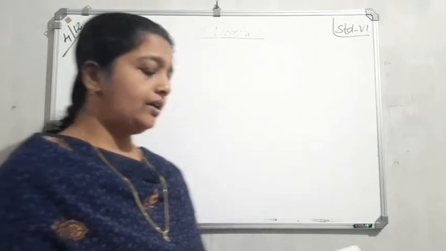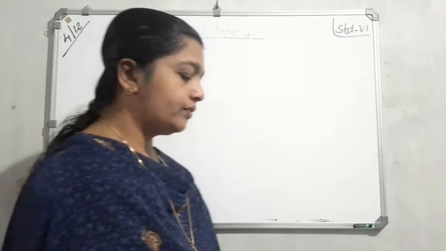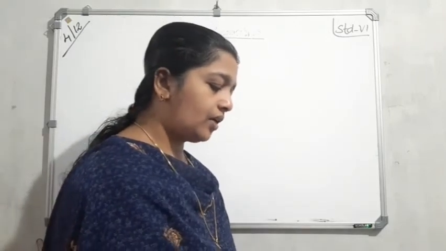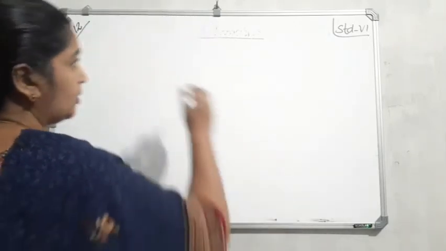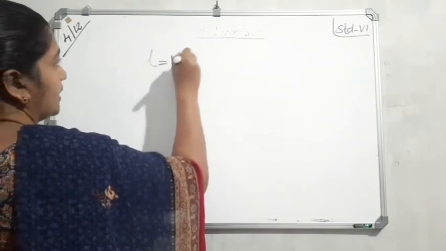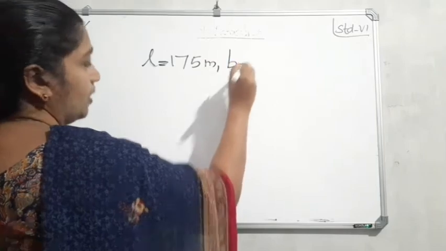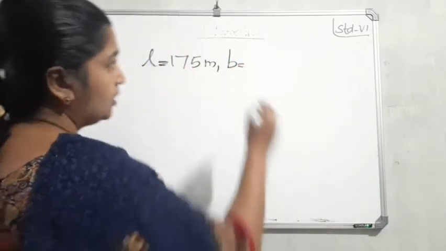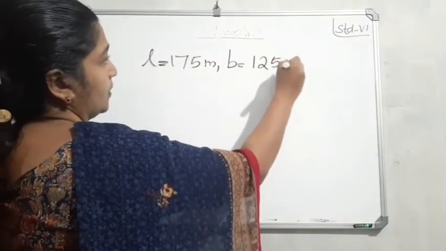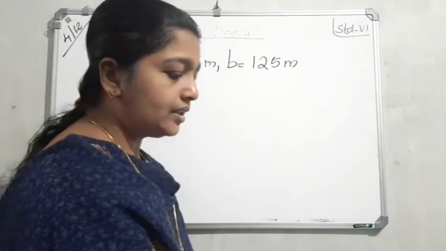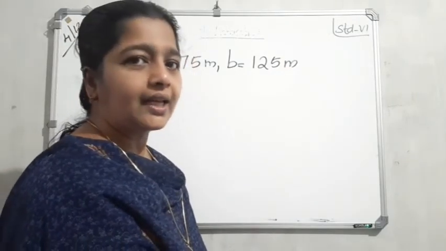Here the length of the rectangular park is given, isn't it? So length equals 175 meter and breadth equals 125 meter. First we want to find the perimeter of the rectangle.